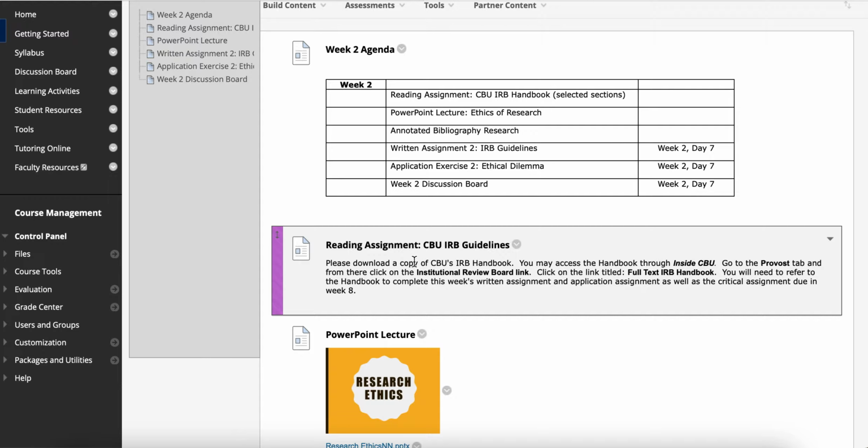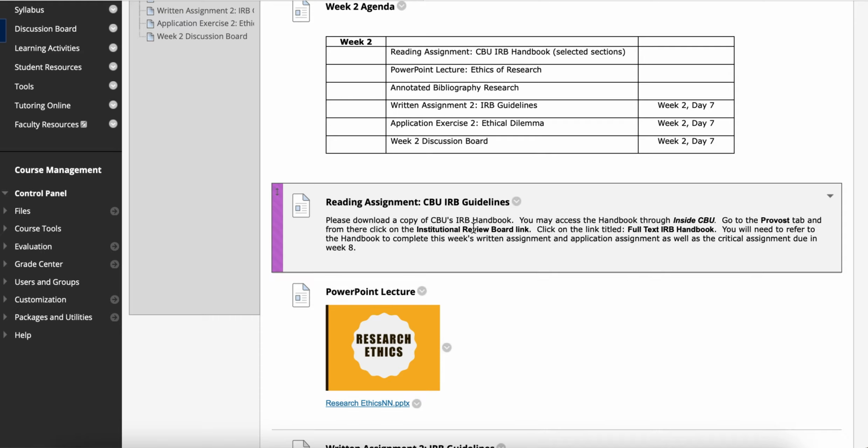Your reading assignment is the CBU IRB guidelines. You can download a copy. There's a pathway to get to that handbook, and once you get there, it will have all the information necessary for you to navigate this week. I apologize ahead of time, IRB is the Institutional Review Board Guide. All academic research here at CBU has to go through an institutional review board.